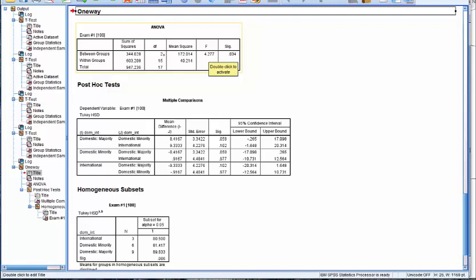For degrees of freedom, there are three groups, so the degrees of freedom here is 2. There were 18 people in the survey, so the total degrees of freedom is 17.